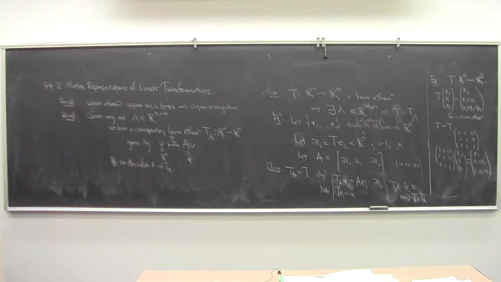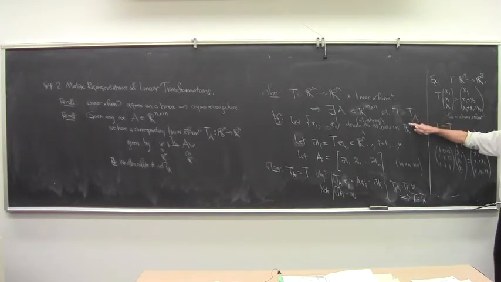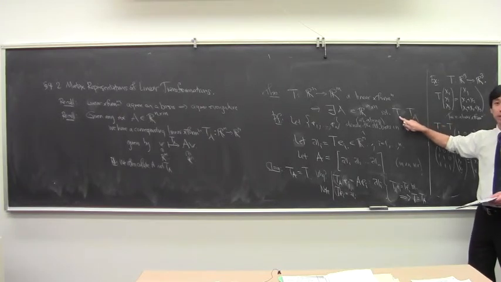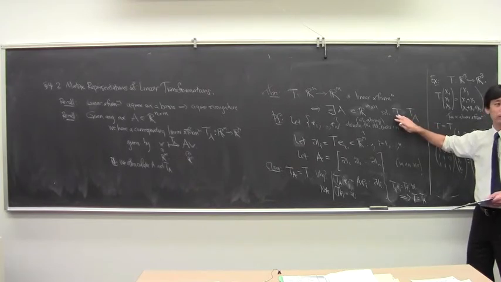So the question was, can we find a matrix that does the same thing as this guy? Somebody gives you a transformation. Can we find a matrix that behaves the same way as the linear transformation that's been given to you?